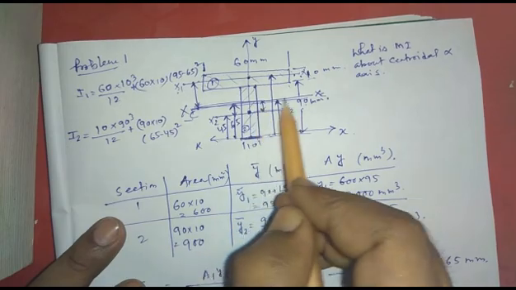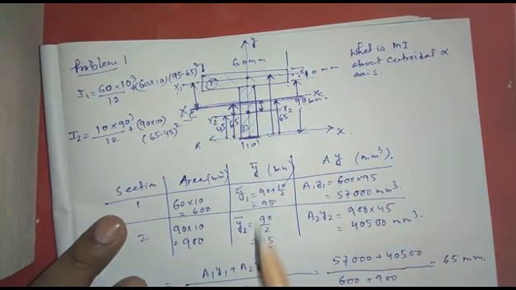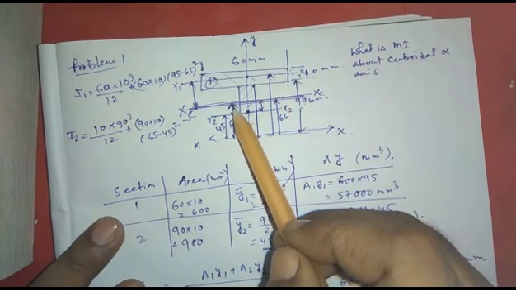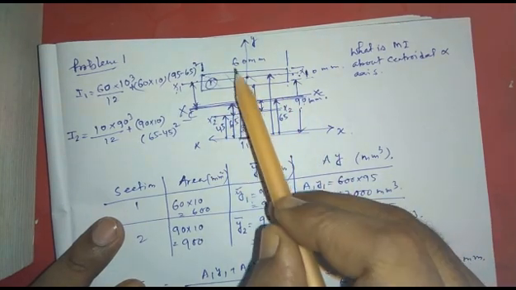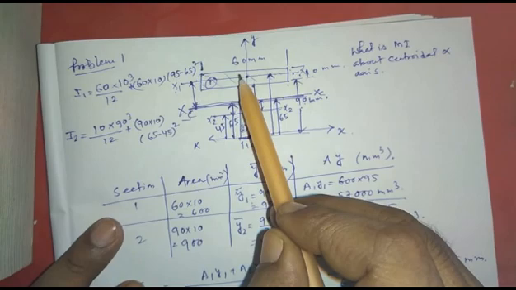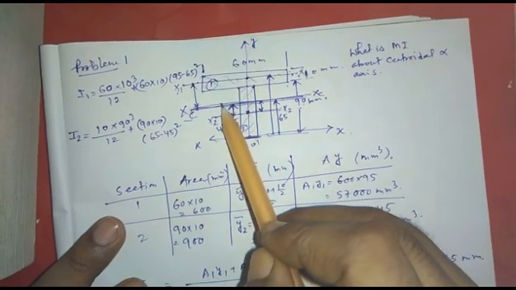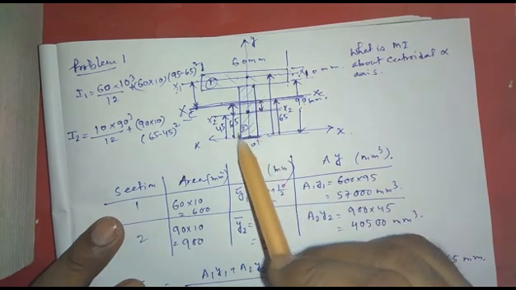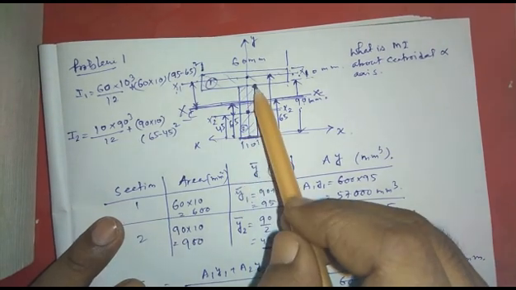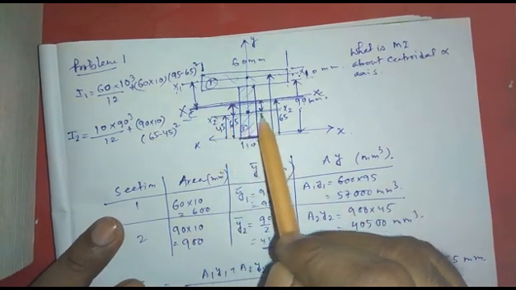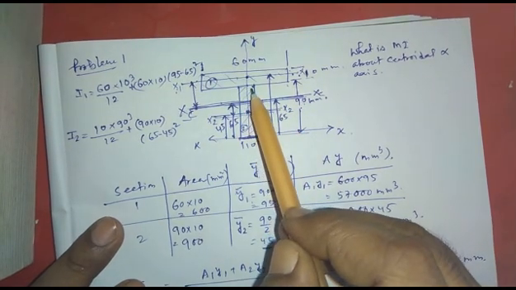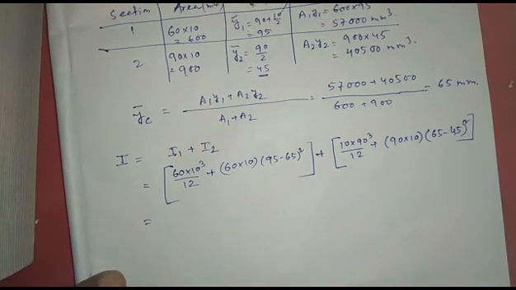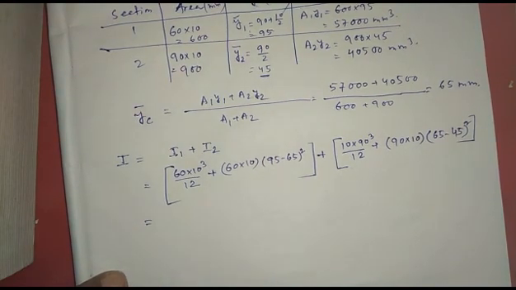Okay, I'm darkening it. We want to find out the moment of inertia of the whole section about this axis. So we need to find the moment of inertia of section 1 about its own axis, then apply the parallel axis theorem. Similarly, find the moment of inertia of this rectangle about its own centroidal axis x2, then apply the parallel axis theorem.